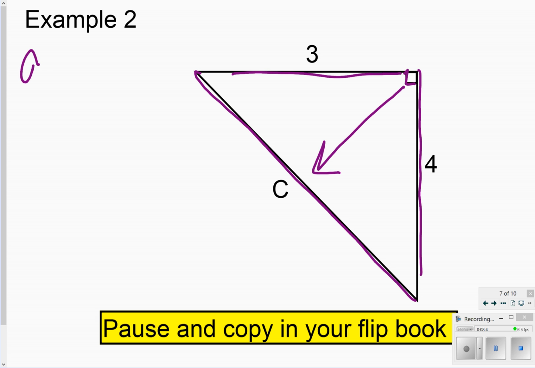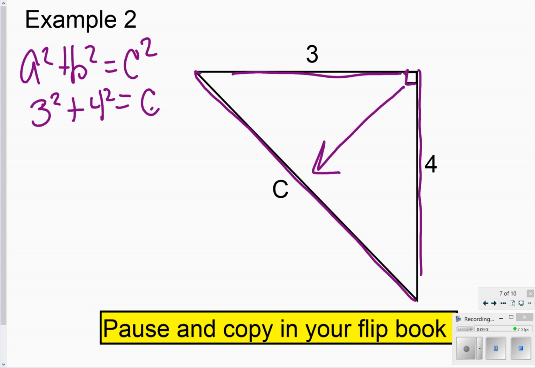So here we go. a squared plus b squared is equal to c squared. It again doesn't matter which number you use for a or b. I'm going to use this for a, 3 squared, plus b squared, which is going to be 4 squared. And we have 9 plus 16.